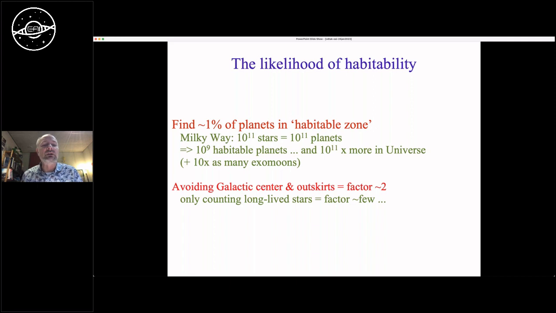If you also want to only count long-lived stars, that's another factor of a few down. But the conclusion is inevitable that there are really lots of habitable planets in our Milky Way alone, and given that, it seems highly likely that at least some of these are inhabited.